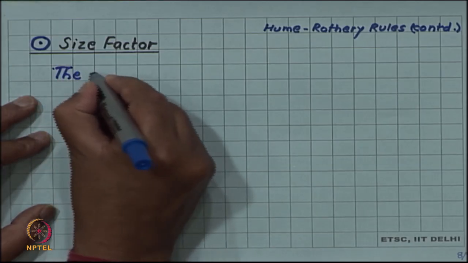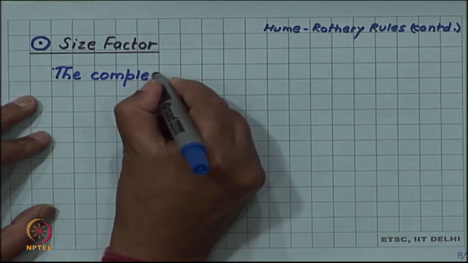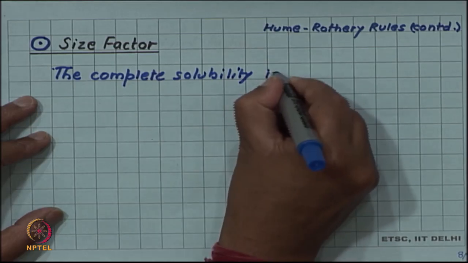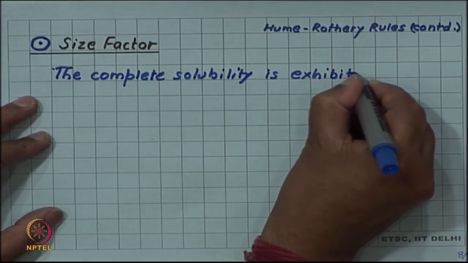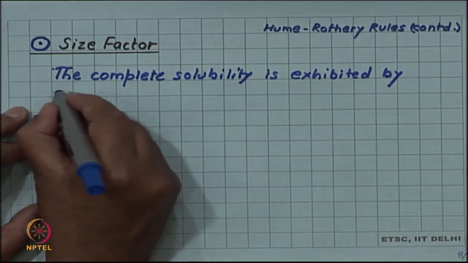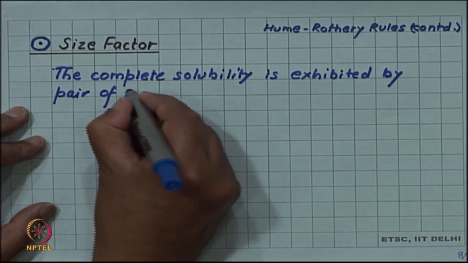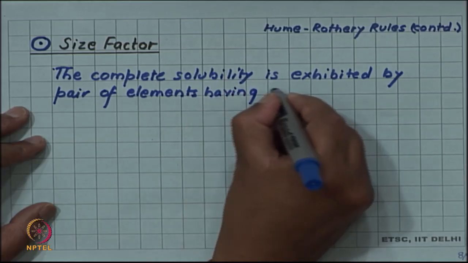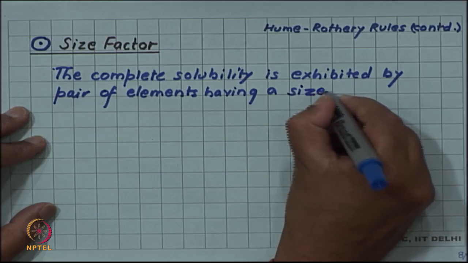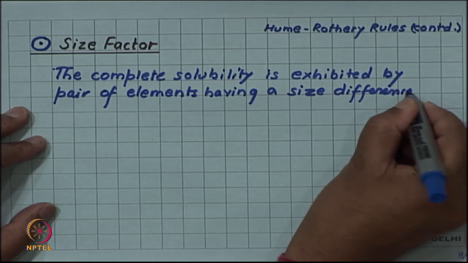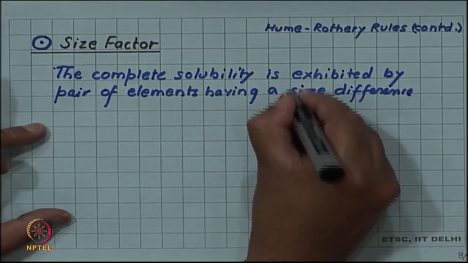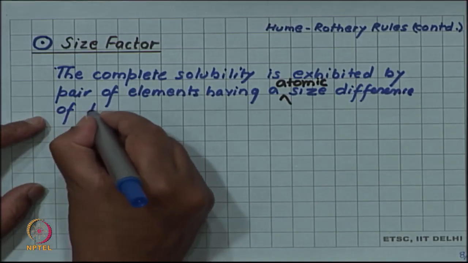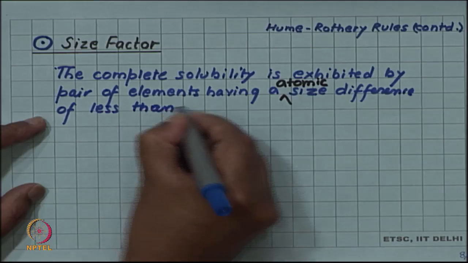complete solid solubility is exhibited by a pair of elements having an atomic size difference of less than 15%.